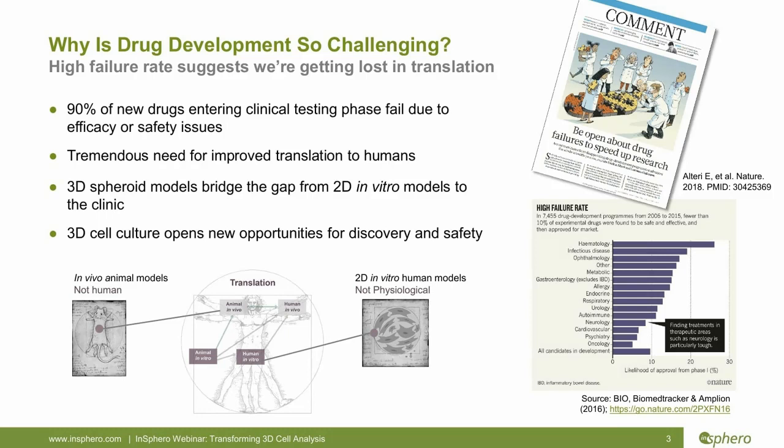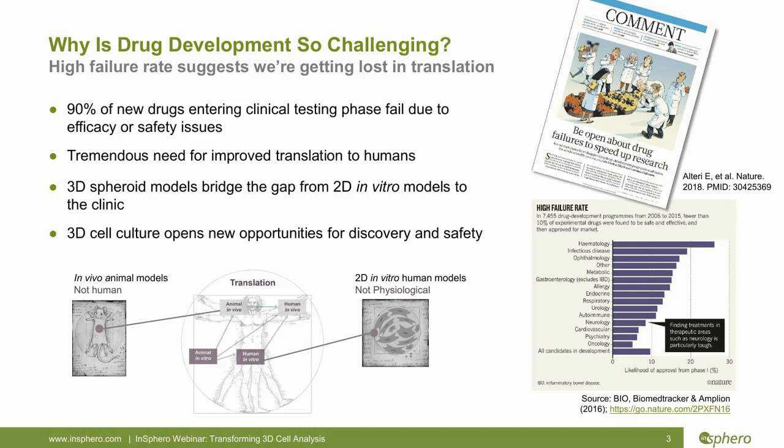And it's important to remember that each one of these failed drugs underwent extensive preclinical testing before it reached the clinic, which suggests that there's a tremendous unmet need for improved translation. In other words, preclinical models that are better able to predict the human response. The image at the bottom of the screen shows our 2 most commonly used preclinical models, animal models and 2D cell culture models. And while each of these models provides important, indispensable information about compound activity and safety, each has an inherent flaw.